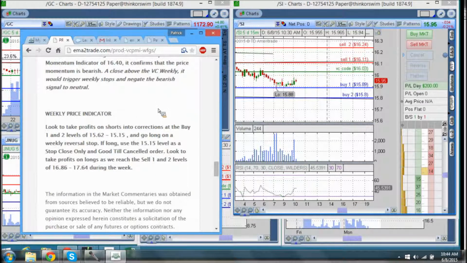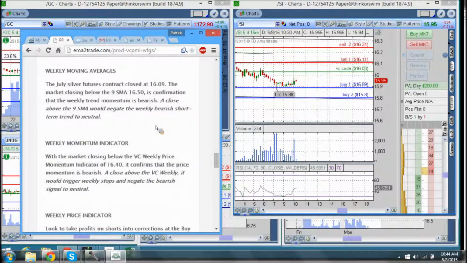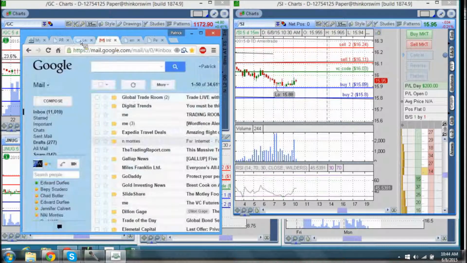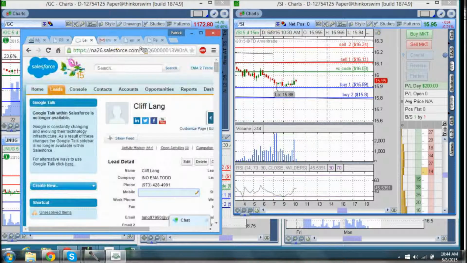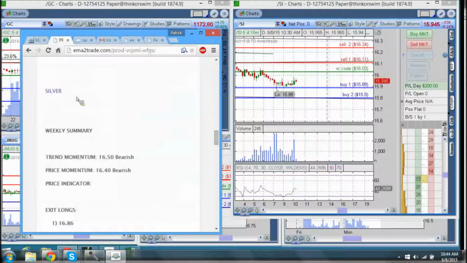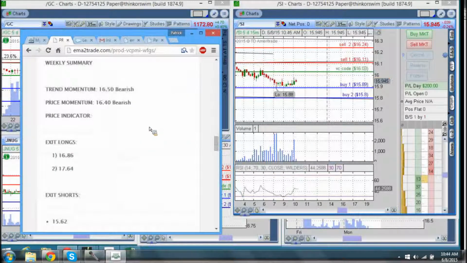One of the questions that I have been getting from subscribers is how do I measure the risk on the swing trade and the day trade? Well, we have defined for the swing trade the risk to be the weekly close.